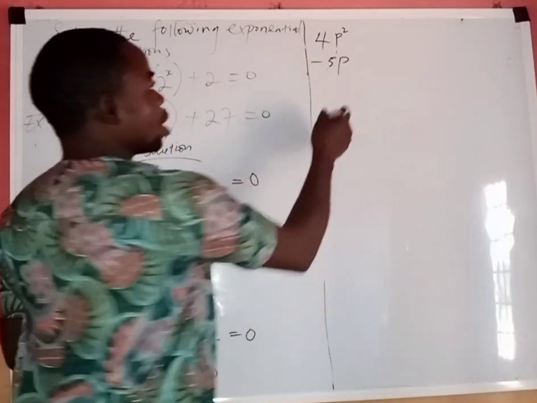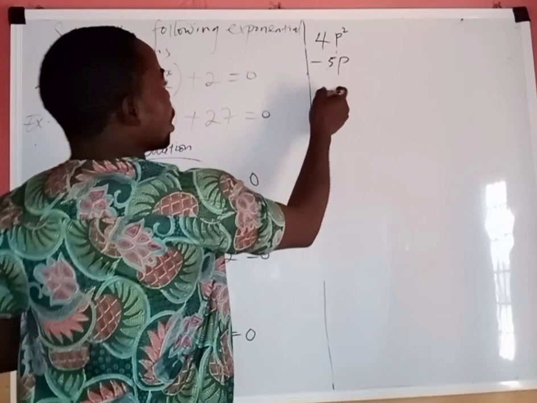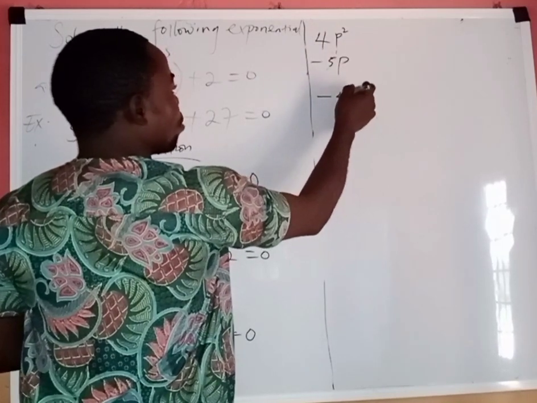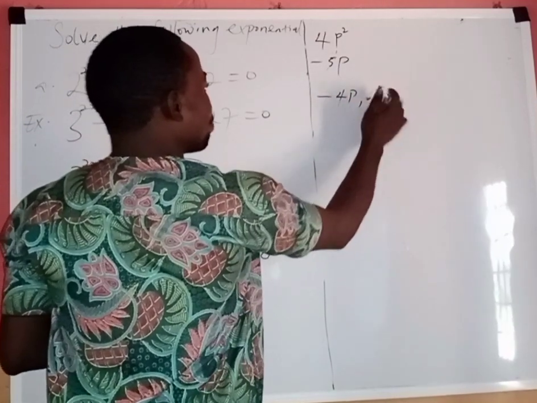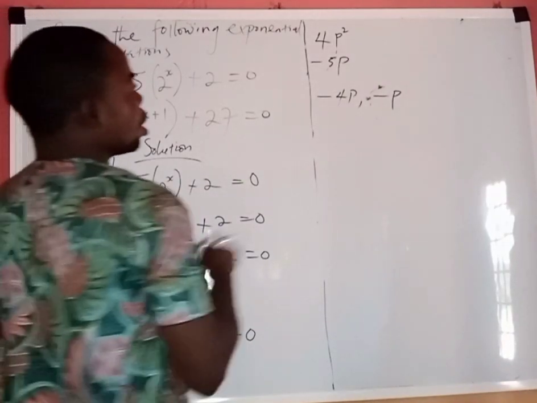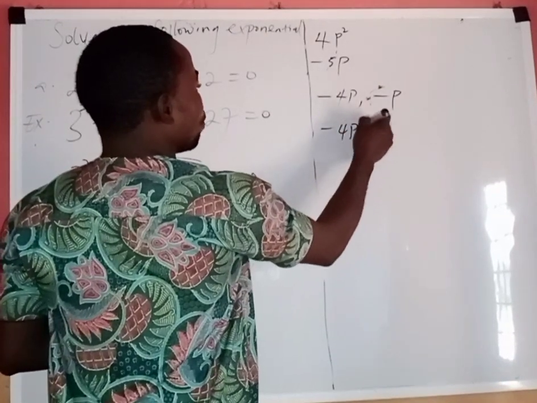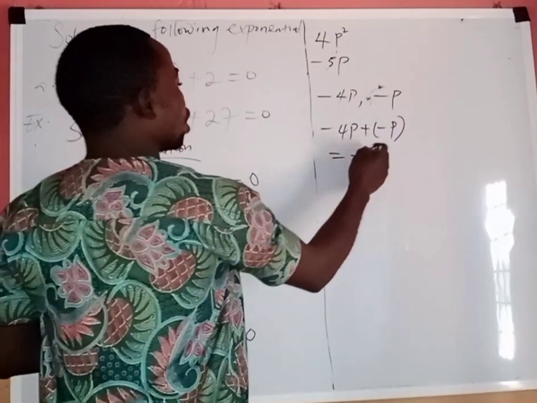And it's not far-fetched. You can see that the factors of 4p squared include minus 4p, and minus p is also another factor. When you sum these two, minus 4p plus minus p, you get minus 5p.